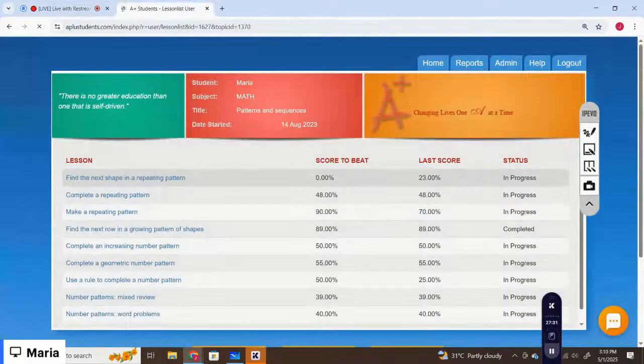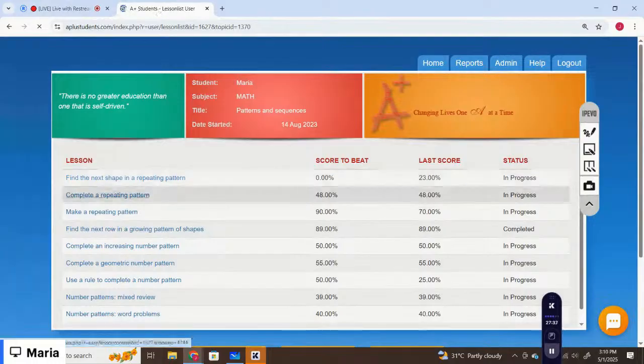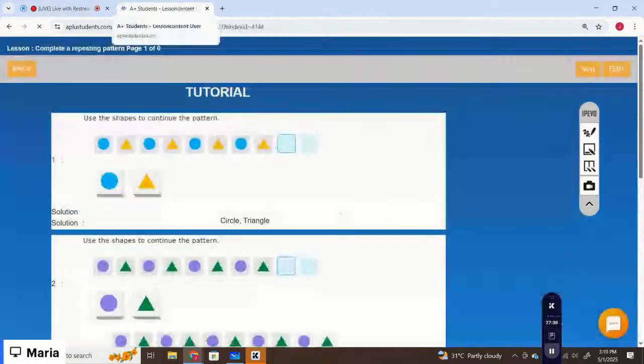The next lesson is complete a repeating pattern.